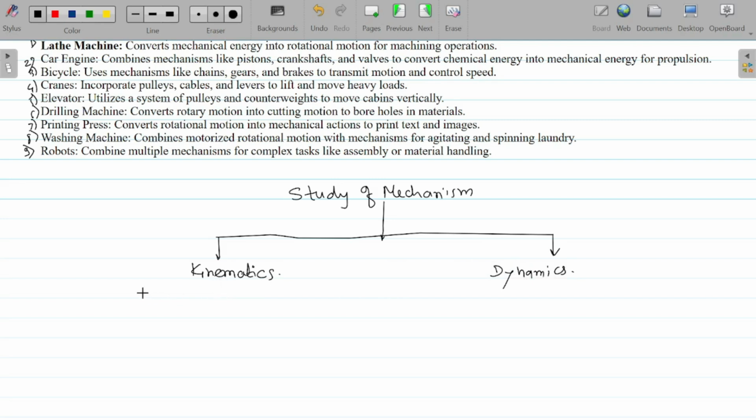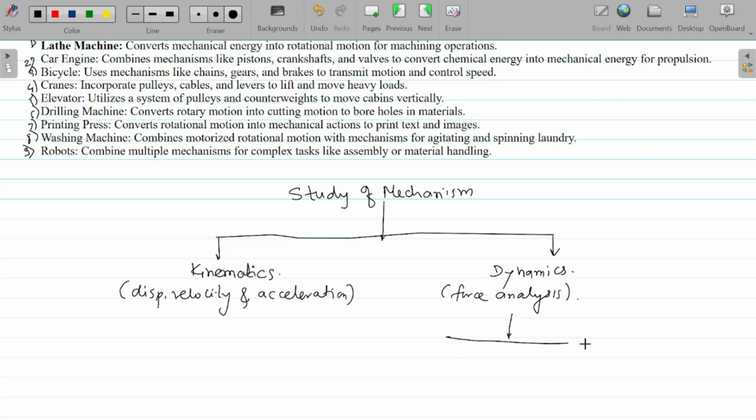In case of kinematics, we are studying the displacement, velocity and acceleration. In dynamics we are doing the force analysis, whatever forces are acting on this. Again there are two kinds in the dynamics also. One is statics and second one is the kinetics. So such categories are there for the study of mechanism.